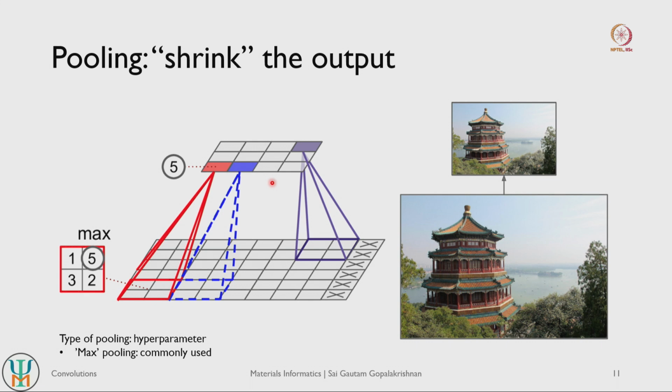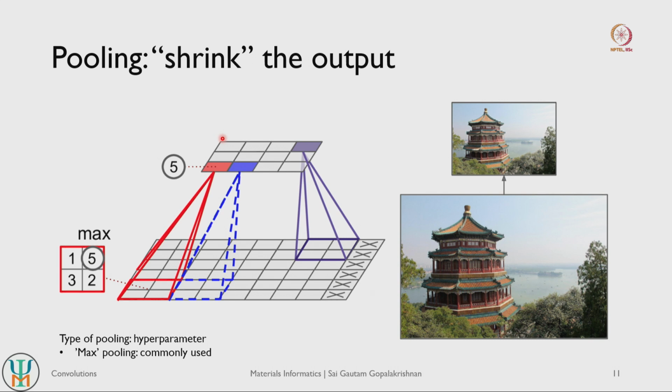One common way to compress this information is a pooling operation, specifically a max pooling operation. Let's say this red neuron has a receptive field of a 2×2 matrix, and the values coming from the neurons are 1, 5, 3 and 2. With max pooling, you just take the maximum value among the 4 values present here, so you assign this value to be 5. The same thing you do for this blue neuron, this black neuron, the purple neuron and so on.